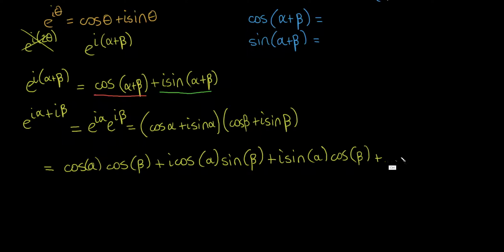But of course, when we have i squared, which is i times i, we'll make that into a negative. So we have minus the sine of alpha times the sine of beta.